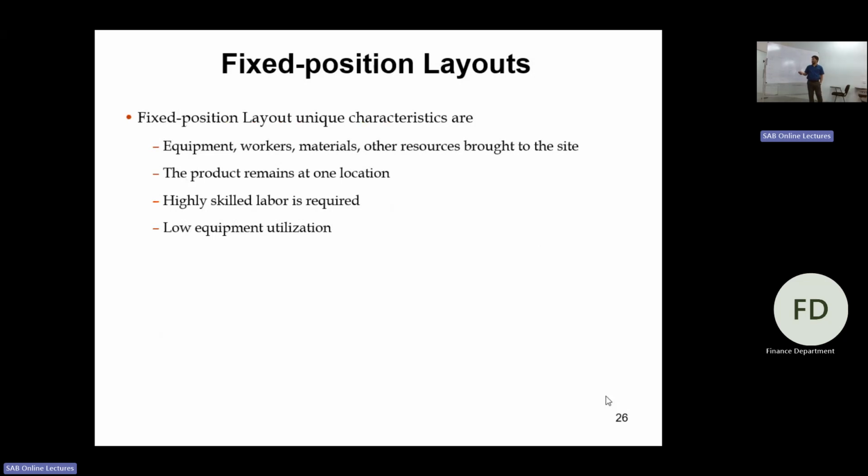Equipment, workers, materials, and other resources brought to the site, while product remains at one location. So the customer remains at one location. Highly skilled labor is required. By the way, equipment utilization and other things would be low.